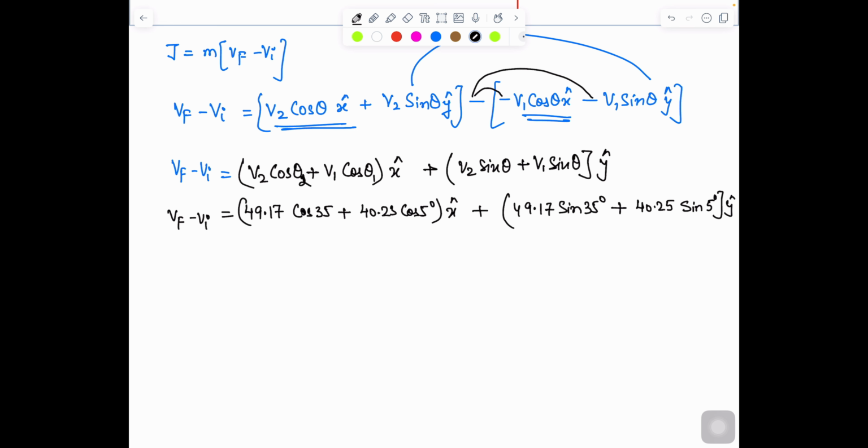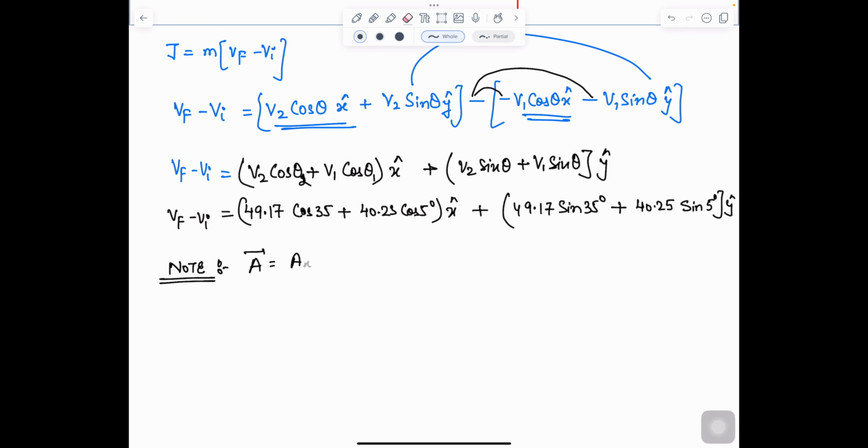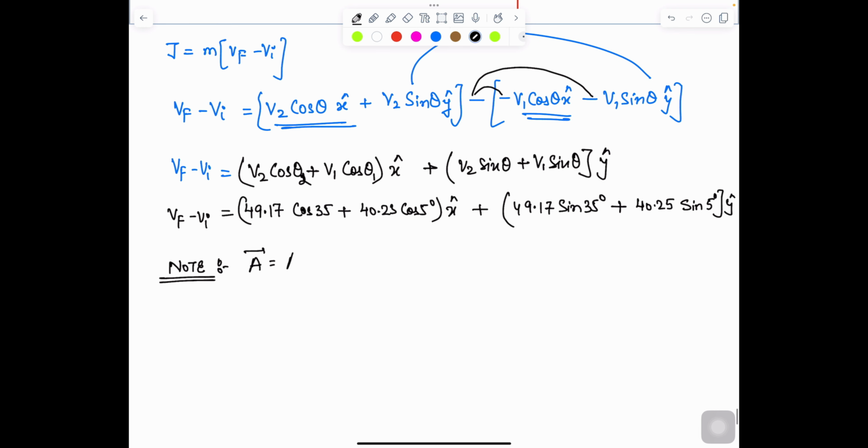Clear, guys? Once you solve it, whenever you get the value, let me tell you something in terms of a note point so that you know how to solve it. A vector is A1 x cap plus A2 y cap.